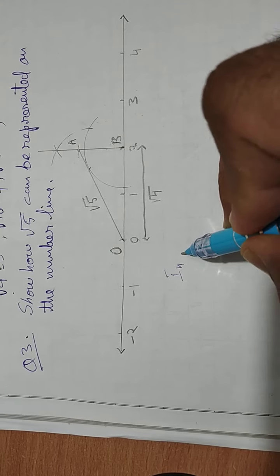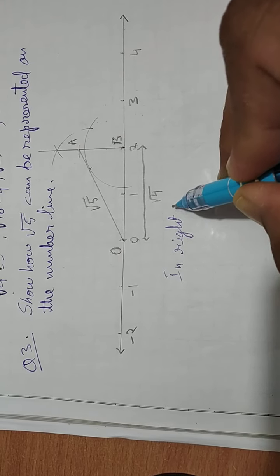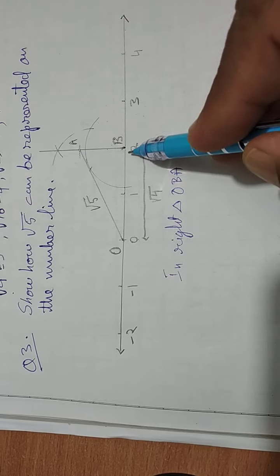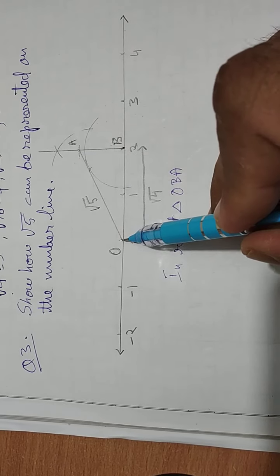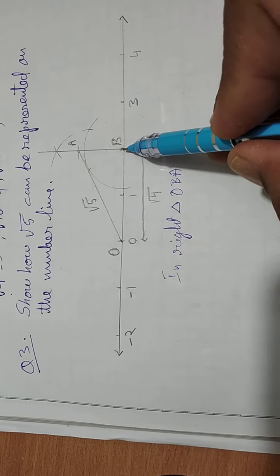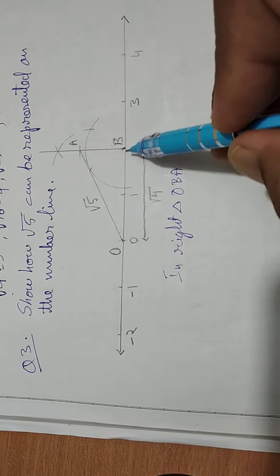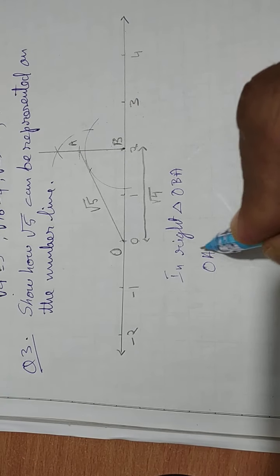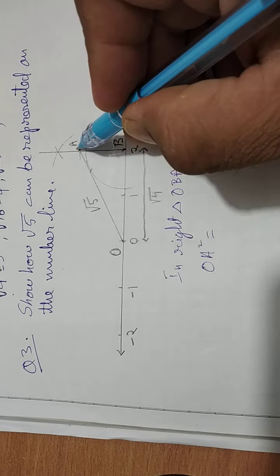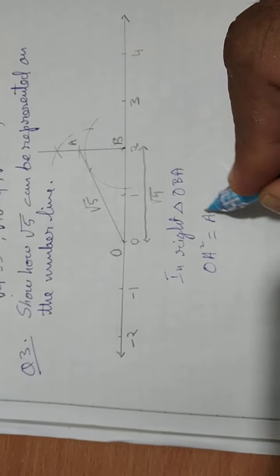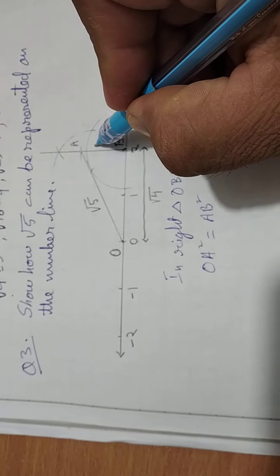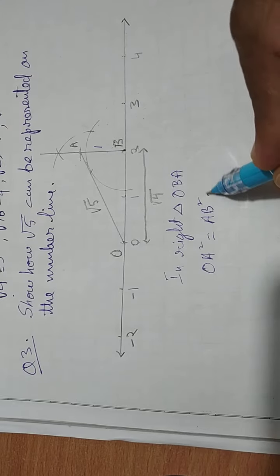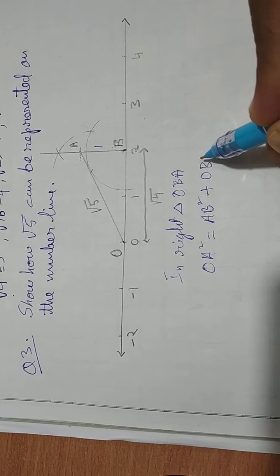In right triangle OBA, in this right triangle OBA, we are applying Pythagoras theorem. This is hypotenuse, so OA square is equal to perpendicular AB square. This we have drawn equal to 1 unit plus OB square.